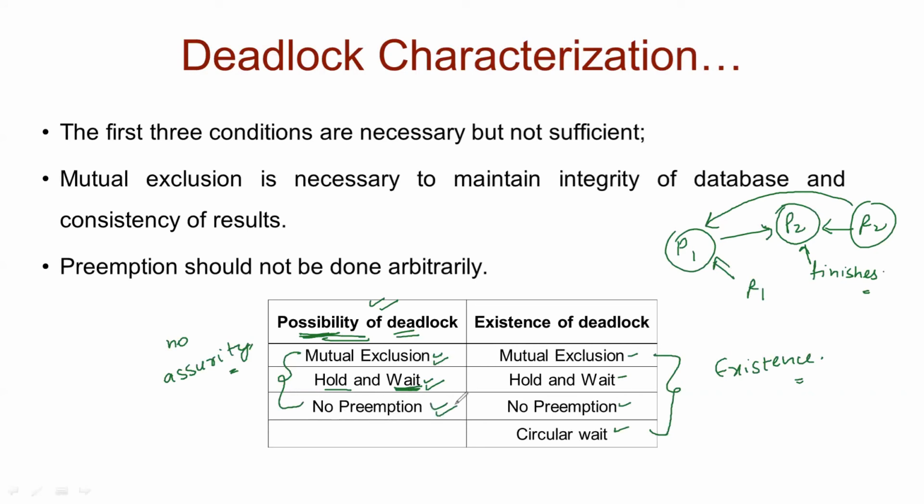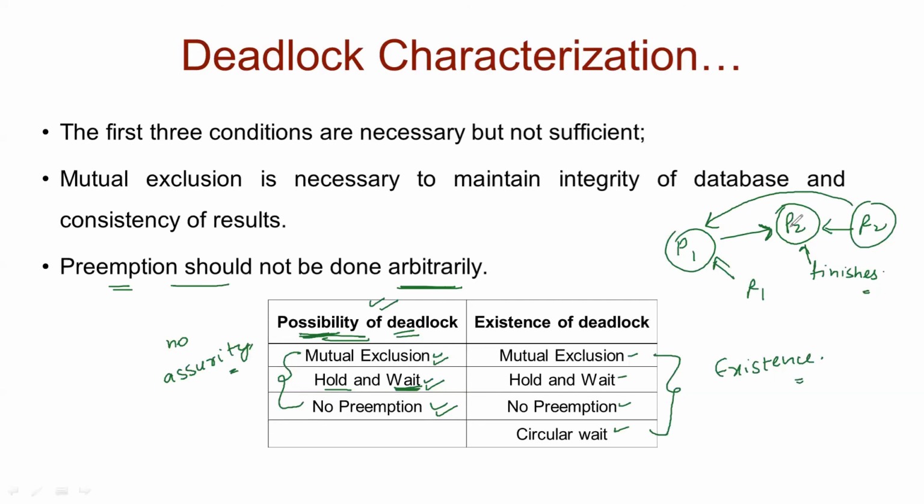Next, no preemption. Resources should not be preempted just arbitrarily. So it should not be the case that if a process is not able to execute, then simply preempt its resources. It is not always a desirable solution. But yes, if there exists circular wait along with all these conditions, again, consider the example. In this case, P1 was waiting for P2, but P2 was not waiting for P1.